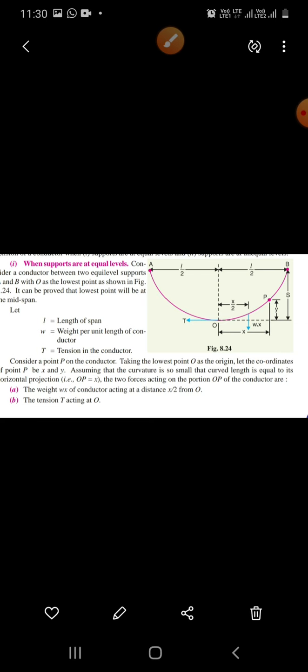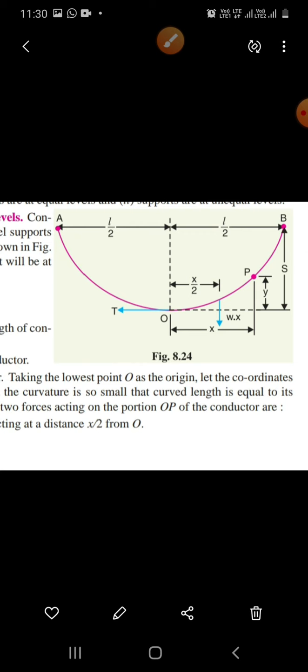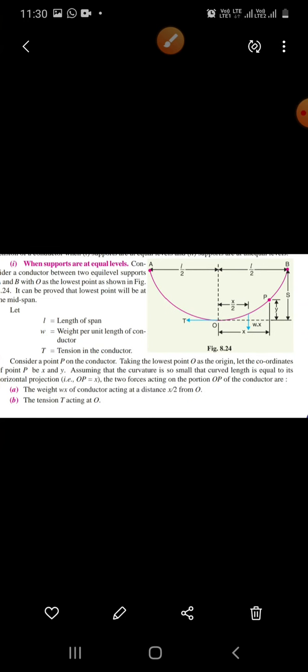Here we can consider a conductor between two equivalent supports A and B, with O as the lowest point. It can be proved that the lowest point will be at the mid span, because the supports are at equal level.